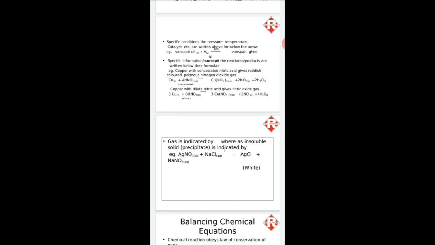So Cu(s), meaning copper in solid state, plus nitric acid reacts with copper and forms copper nitrate, nitrogen dioxide and water. So Cu plus 4HNO3 gives Cu(NO3)2 plus 2NO2 plus 2H2O. Copper with dilute nitric acid gives nitric oxide.